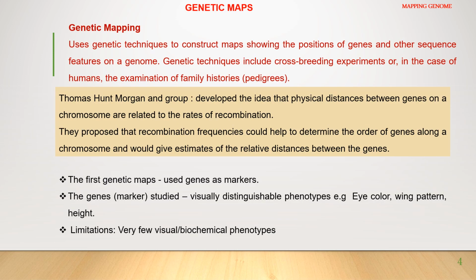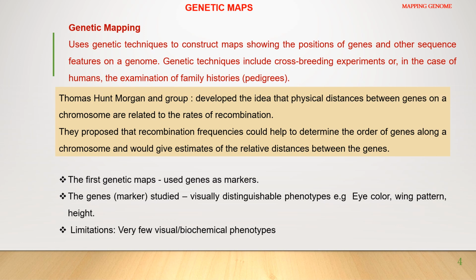Genetic mapping. Genetic mapping involves techniques to construct maps with positions of genes on chromosomes. It includes crossbreeding experiments or pedigree analysis. It was T.H. Morgan and his students who came up with the idea that recombination frequency rates could be correlated with the distance between the genes and can be used to determine gene order on chromosomes.